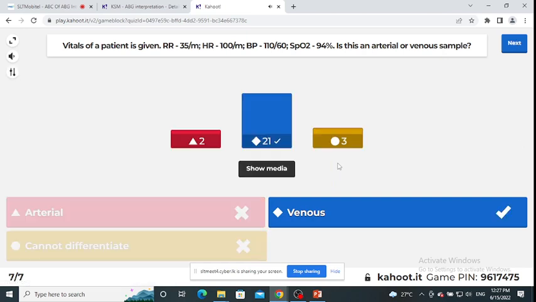Great, well done. So the saturation is 94, its saturation is 75.